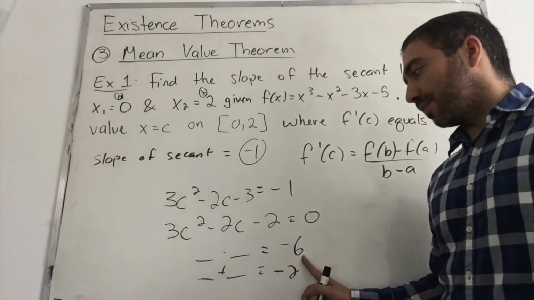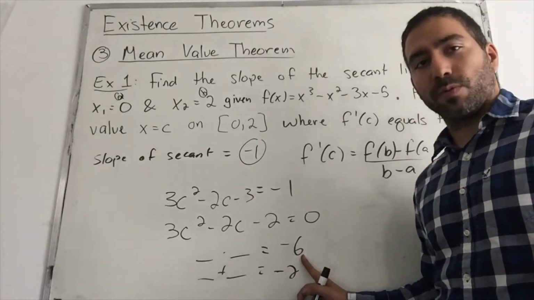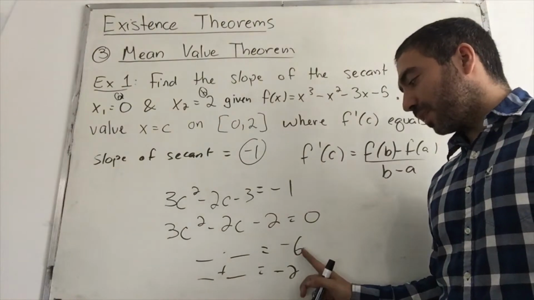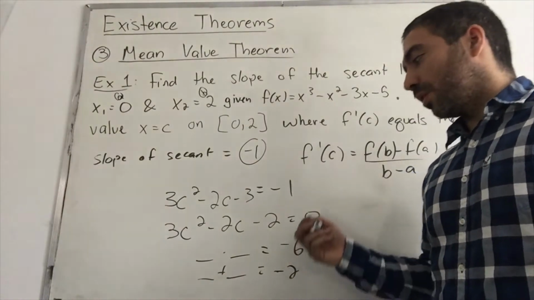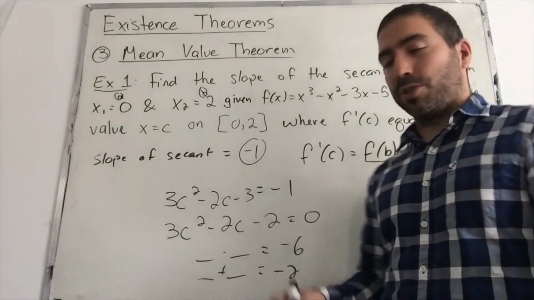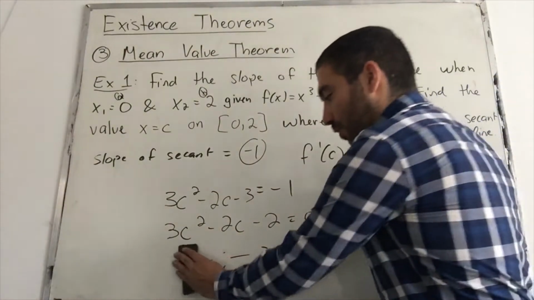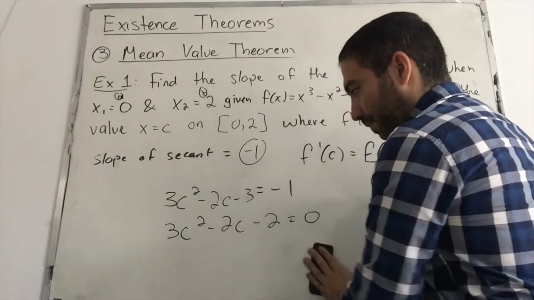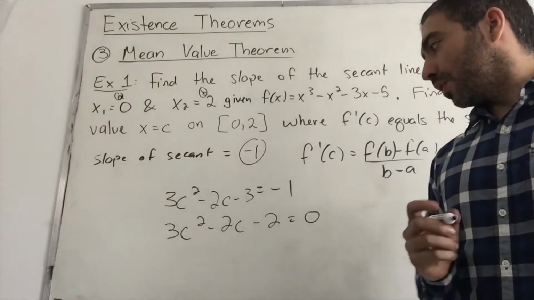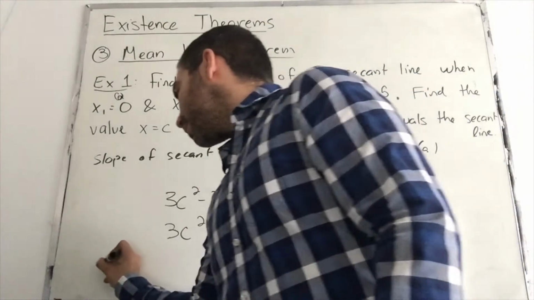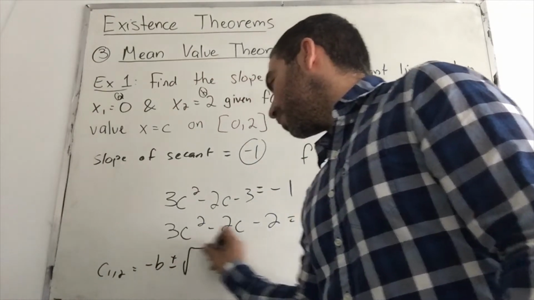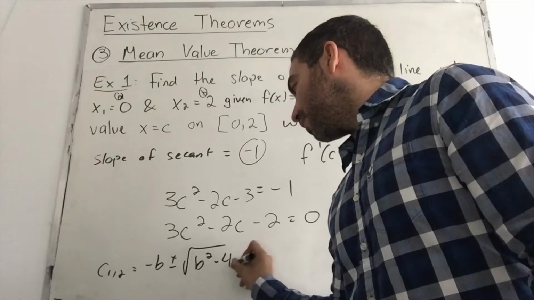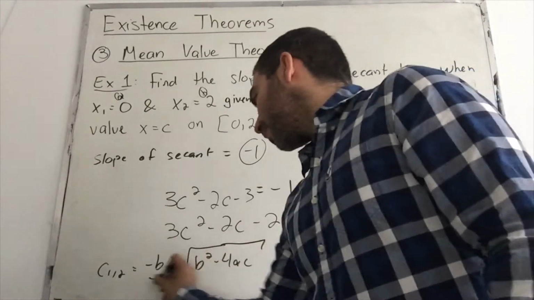So what two numbers multiply to give you negative 6, but then add to give negative 2? Well, the factors of negative 6 are 3 and 2, or 6 and 1. So these don't work. Factoring, unfortunately, in this case doesn't work. We're stuck using the quadratic formula. For the quadratic, c equals minus b plus or minus the square root of b squared minus 4ac, over 2a.